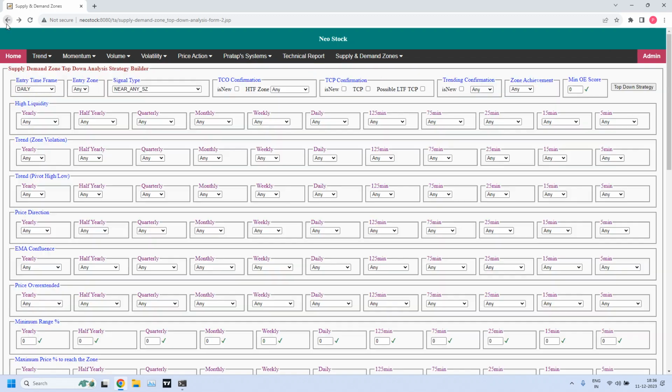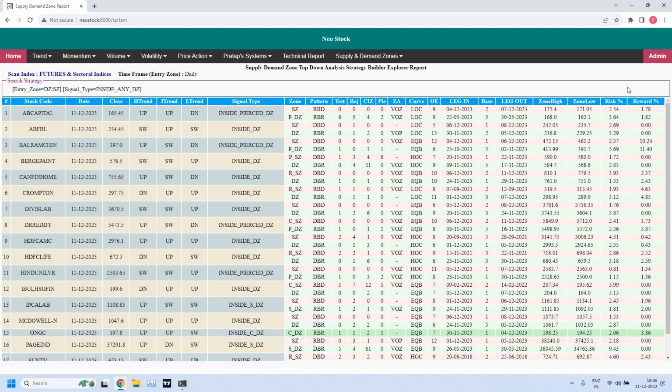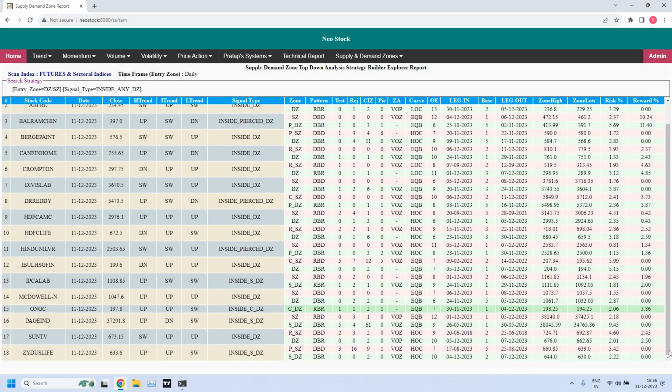So let's go back. Entry time frame is daily. Let us find the stocks where price closed inside the daily demand zone. So this is the filtered list. Total 18 stocks are filtered where price closed inside the daily demand zone. Let's go back.